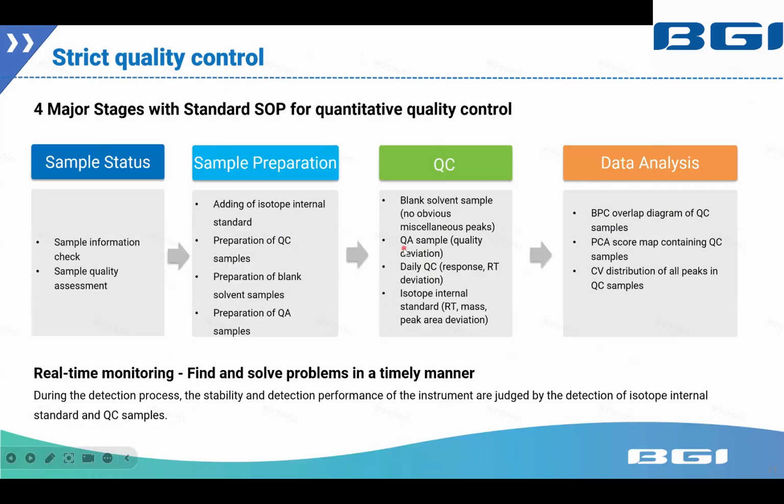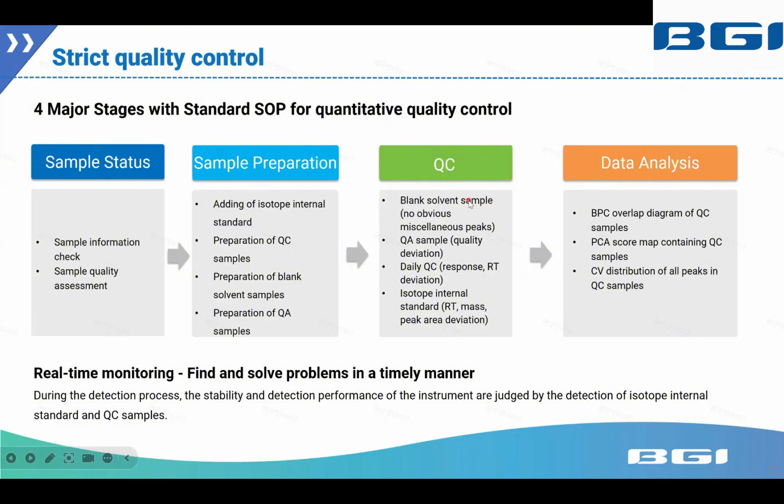Based on our rich project experience, we have established a strict quality control standard, which is divided into 4 main stages. For the sample stage, we will check the sample information and evaluate the sample quality. Next, in the sample preparation stage, we will prepare the QC samples, the blank samples, and the QA samples.